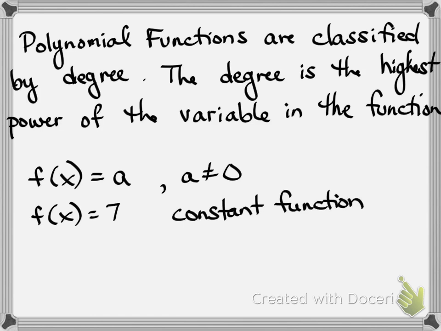But I could think of it as being 7 times x to the 0 power. So this is a 0th degree. It's a constant function. It's a horizontal line. The line y equals 7 goes to 7 on the y-axis and crosses the y-axis.